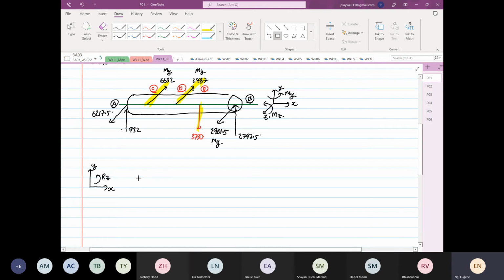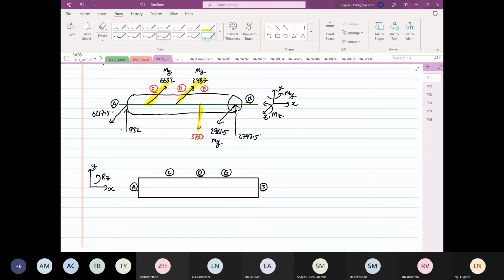So I'm going to sketch the shaft. This is our point A, our point B, our point C, D, our point E. Then I'll sketch our centroid. At A, we have a force going at 932.